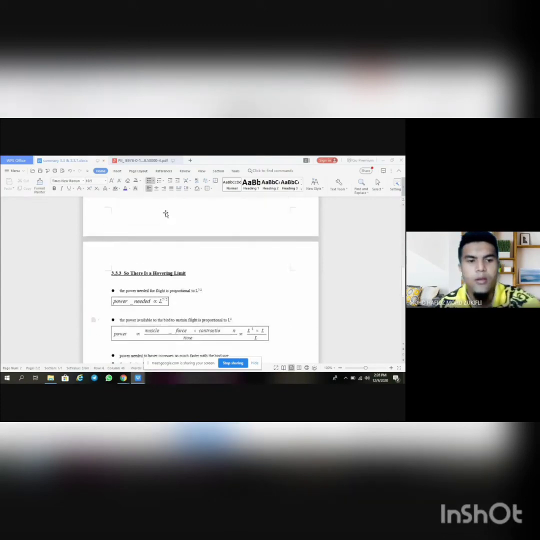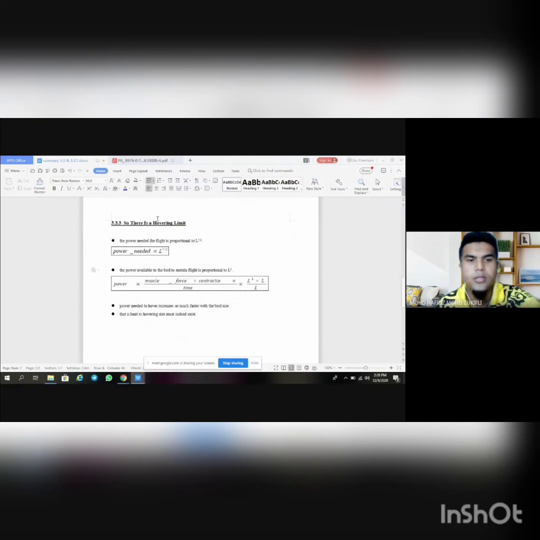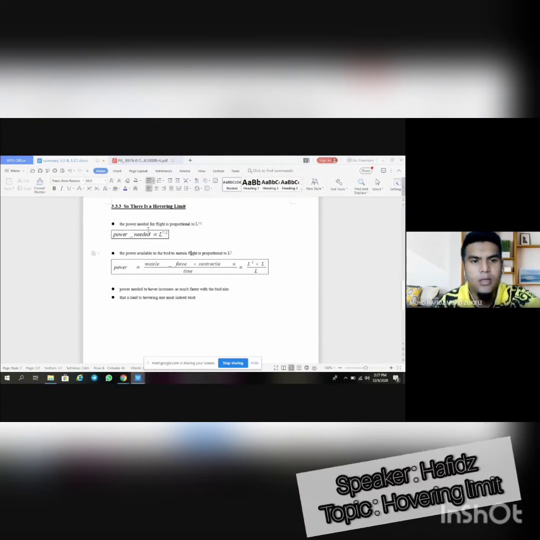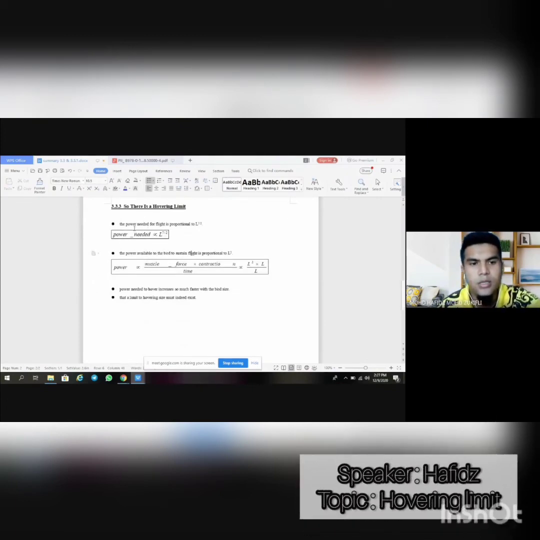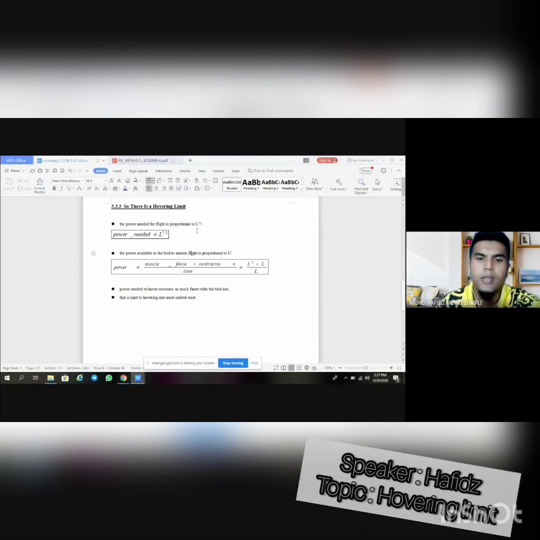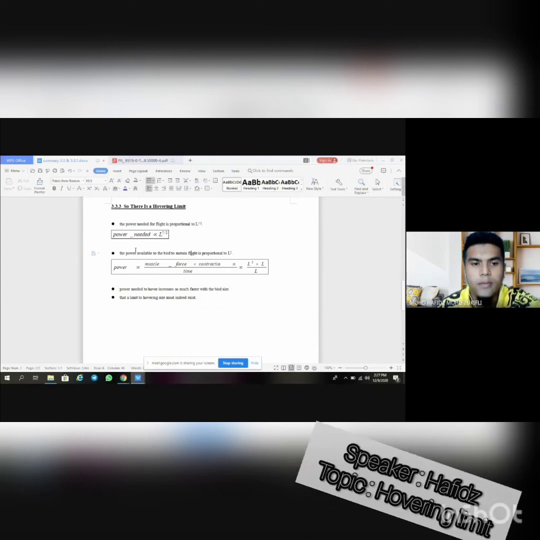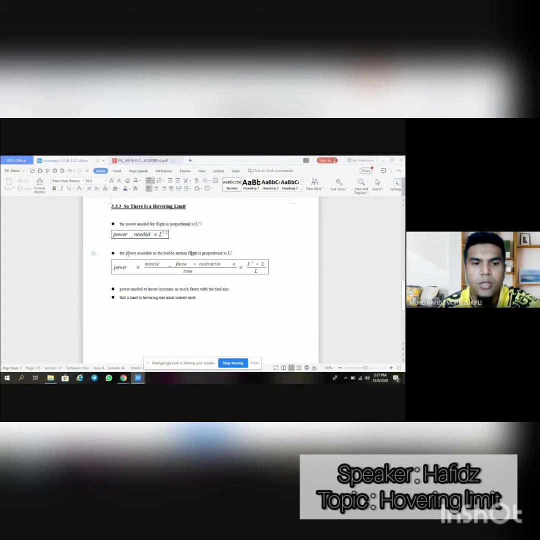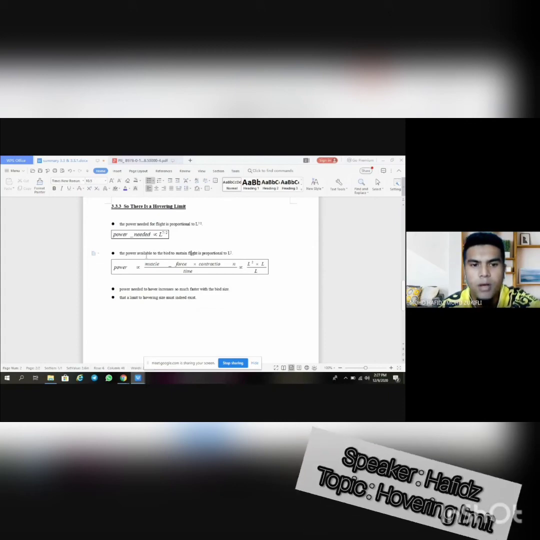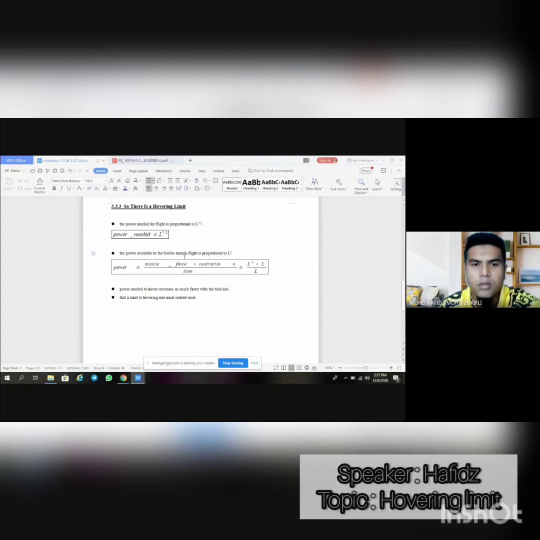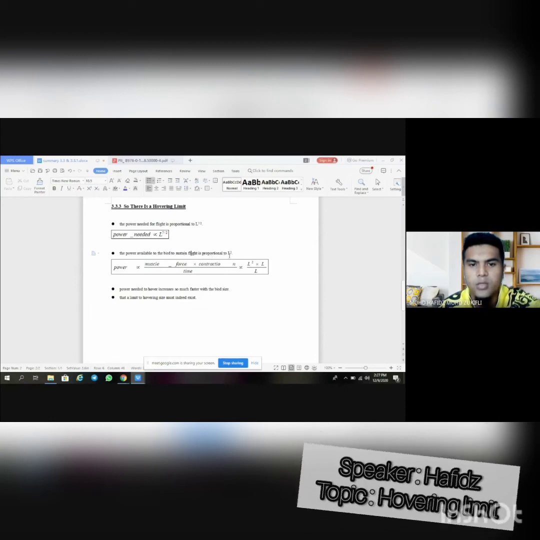Okay, for 3.3.3, there is a hovering limit. So we can see the power needed for flight is proportional to L to the power of 7/2. This is from 3.3.1 and this from 3.3.2. The power available to the bird to sustain flight is proportional to L squared.